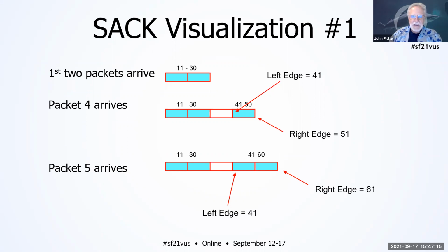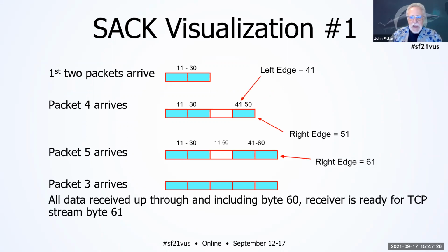But the left edge stays the same because we haven't received anything yet that would influence the left edge of this stream. And then finally, packet 3 arrives and fills in that missing gap. Now all data is received up through and including byte 60, and the receiver is ready for stream starting at byte 61.